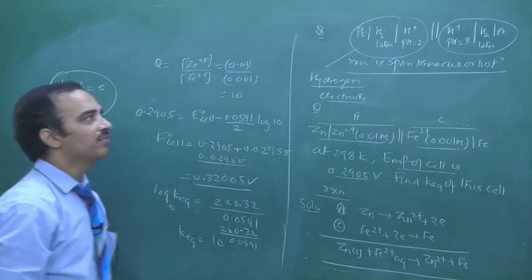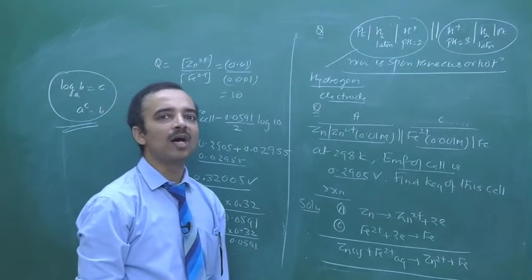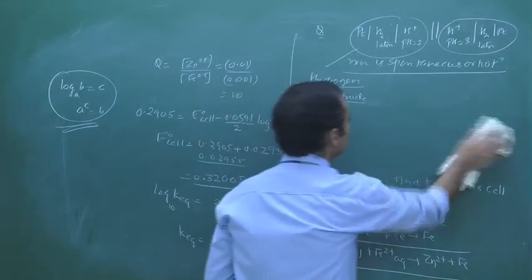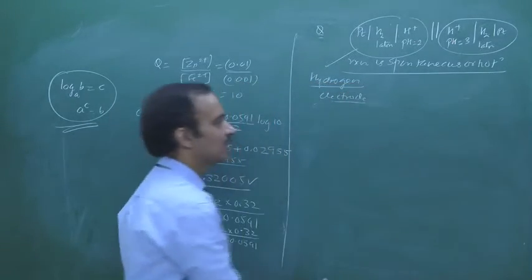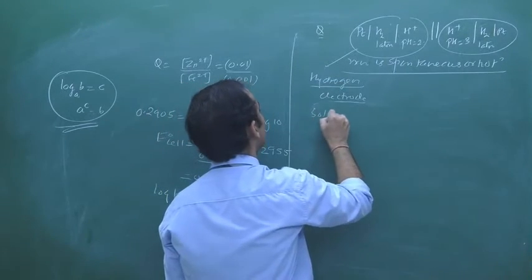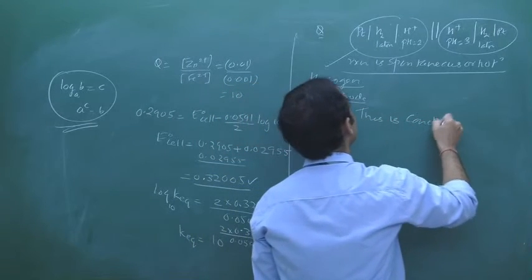That means the electrode in the two half cells is the same, so such cells are called concentration cells. This is a concentration cell.